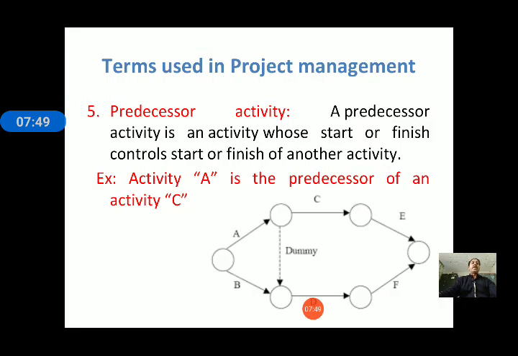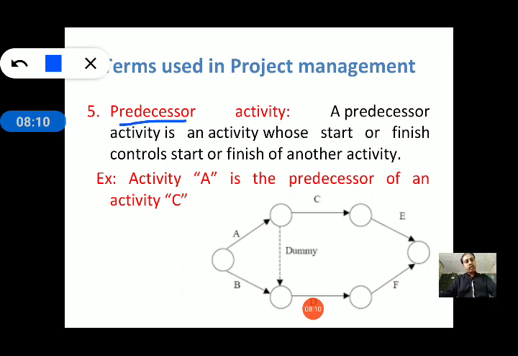Now predecessor activity. This is the most important thing in drawing a network diagram. In an example there are always certain activities, and in another column there are some predecessor activities. What is a predecessor activity?